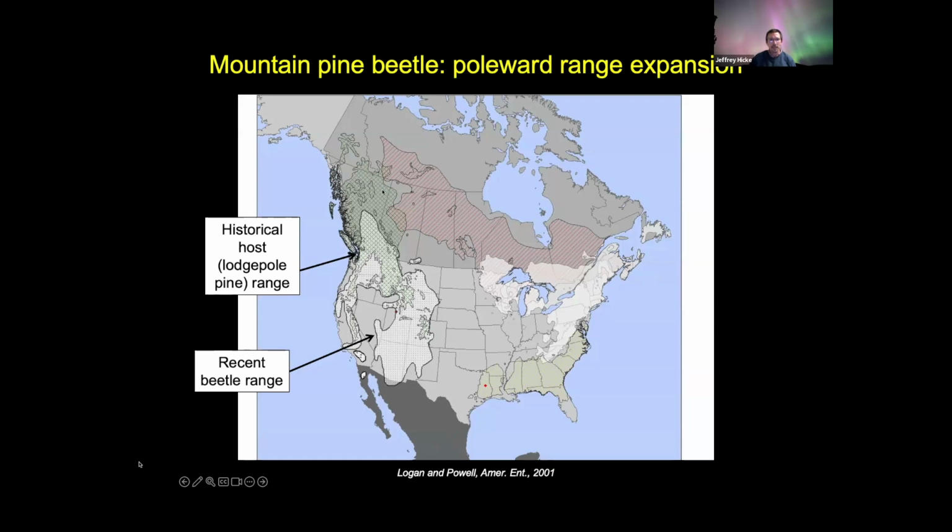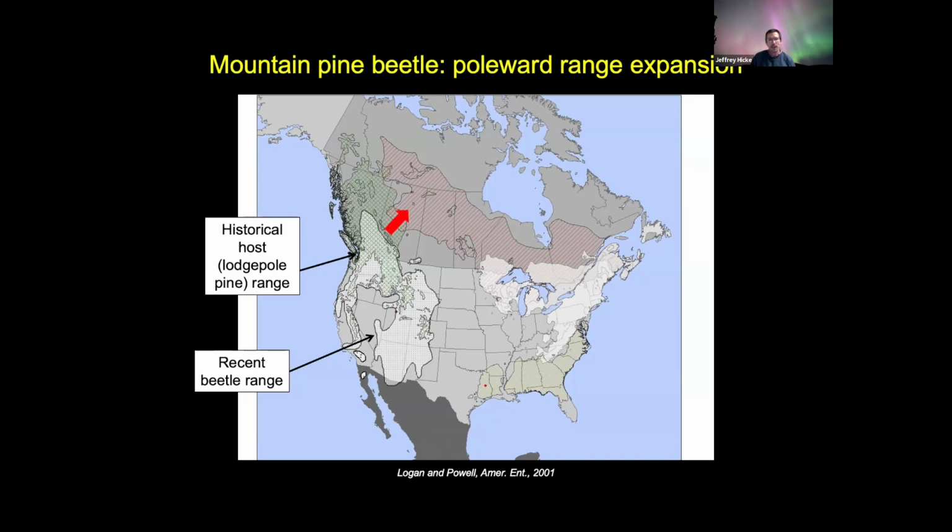Overlaid on that in green hatching is an important host, lodgepole pine, which extends northward beyond the northward range of the mountain pine beetle, which is basically central BC. And despite this host availability at northern limits, the beetle was previously confined to central BC because of very cold conditions in the winter that affected beetle survival, but also generation time.